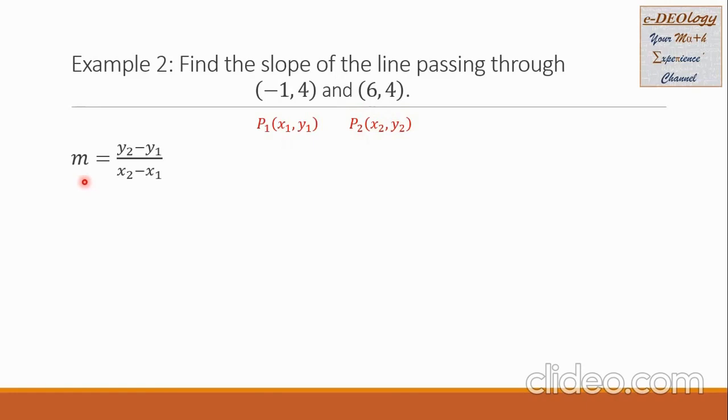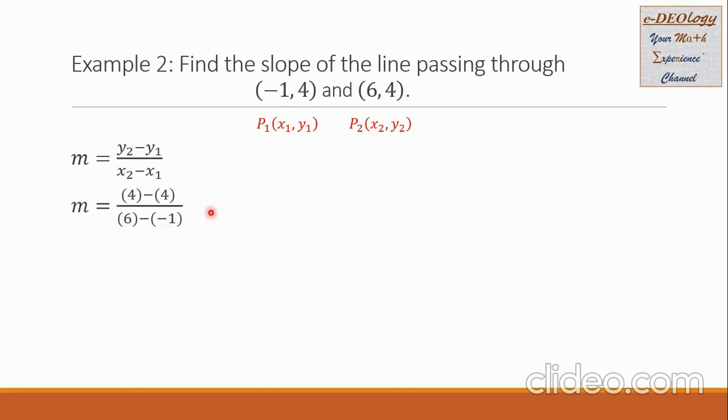We collect now the values. Y sub 2 is positive 4, minus y sub 1, which is 4, all over x sub 2, which is positive 6, minus x sub 1, which is negative 1.